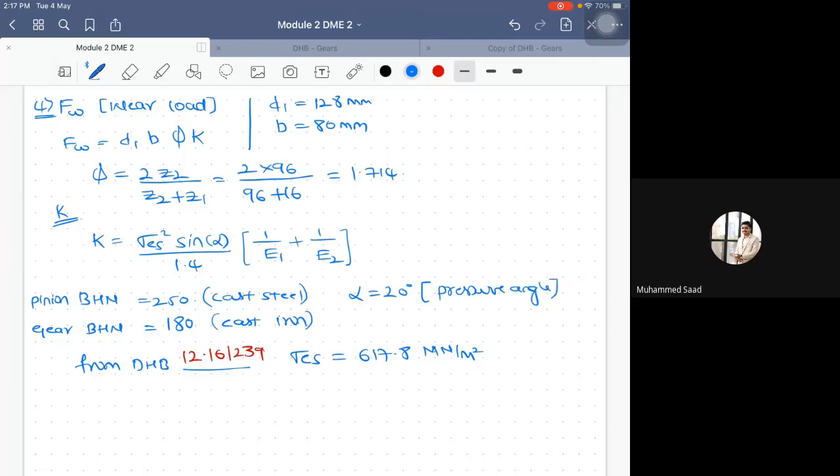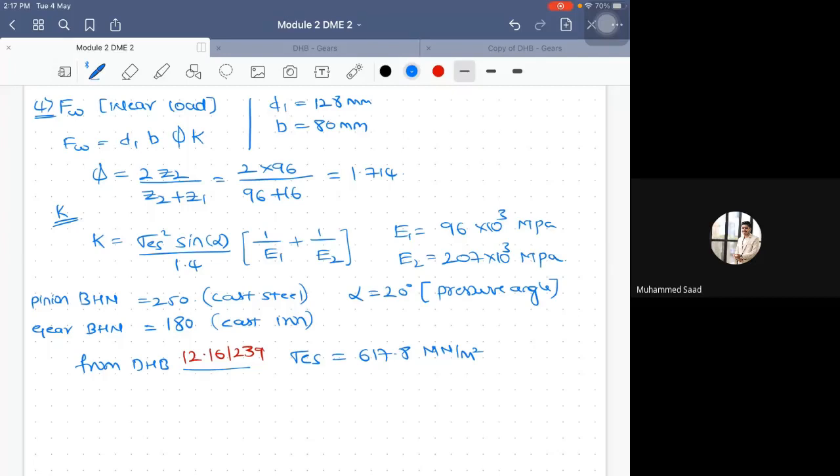Clear? Now, E1 and E2, I guess you know them. E1 how much? E2 how much? Let me write it here. E1 is 96, I guess, right? And E2 is 207, into 10 to the power of 3 megapascal. Now all the values required have been obtained.